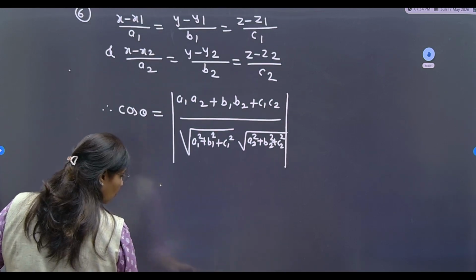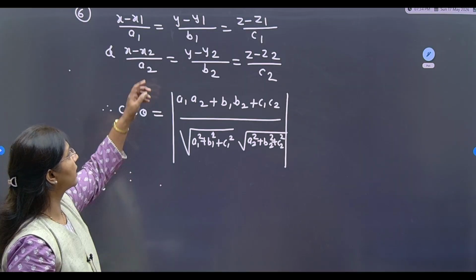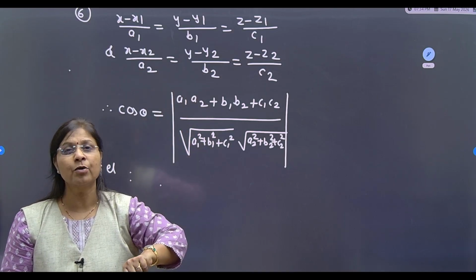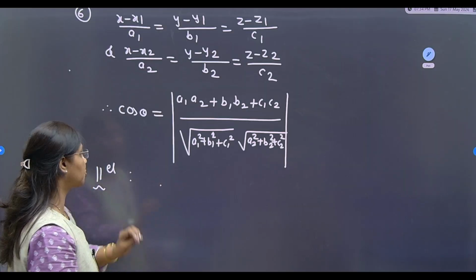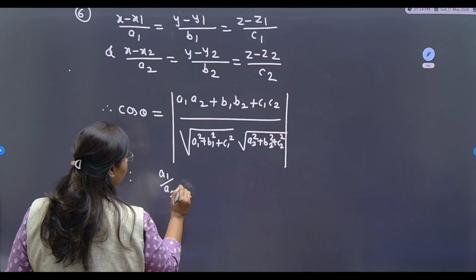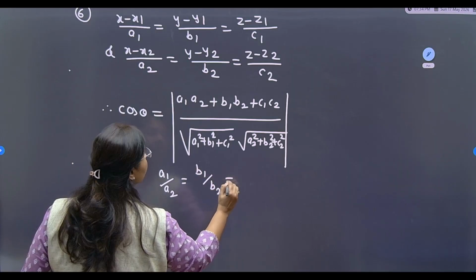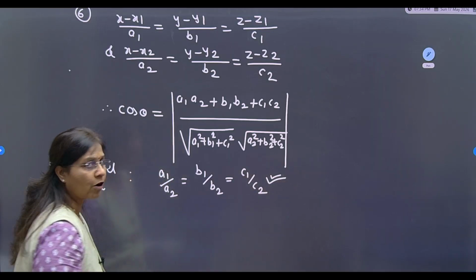Next, if two lines are parallel to each other, that is the parallel condition when Cartesian forms are given and the lines are parallel. If lines are parallel to each other, then their direction ratios are in proportion: a1 upon a2 equals b1 upon b2 equals c1 upon c2. Most important formula.